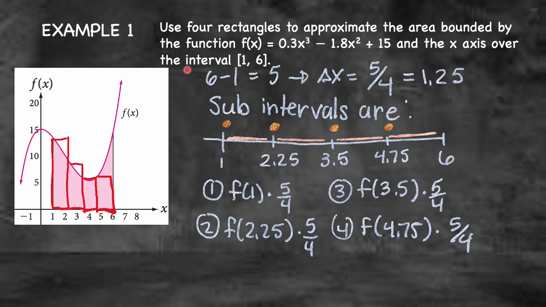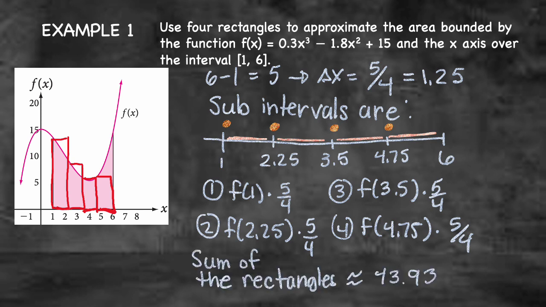Then once we get the areas of those 4 rectangles, we can just add them up, and that gives us an approximate area bounded by the curve and the x-axis that will be about 43.93.